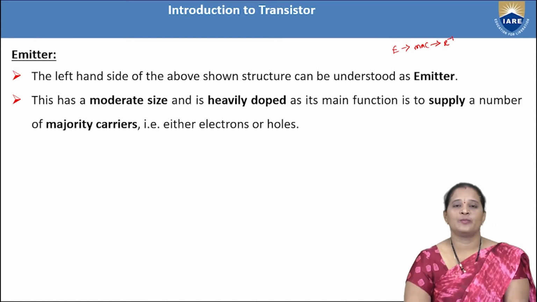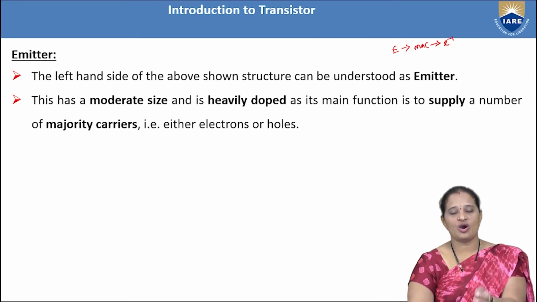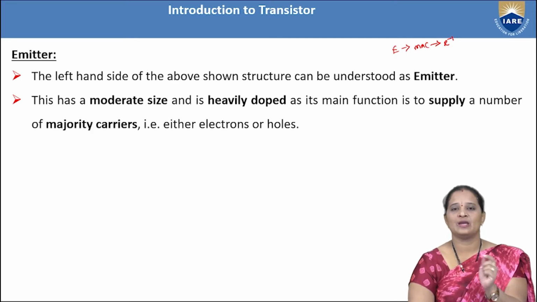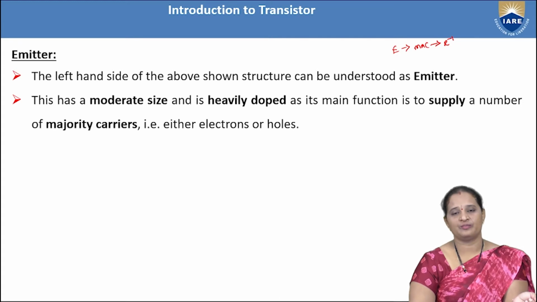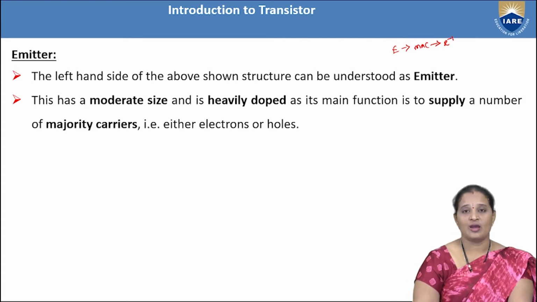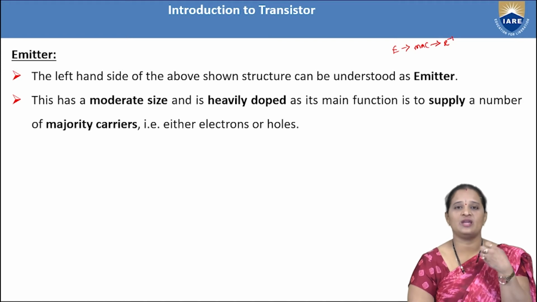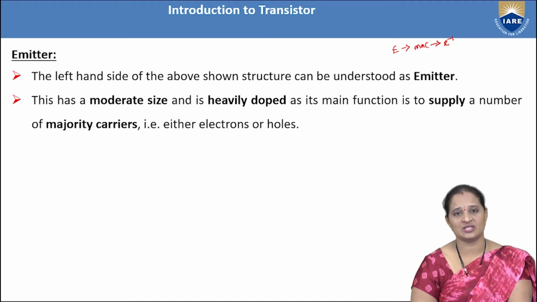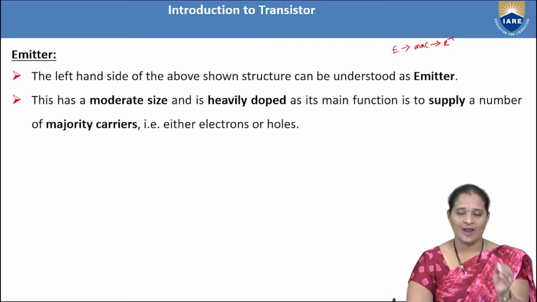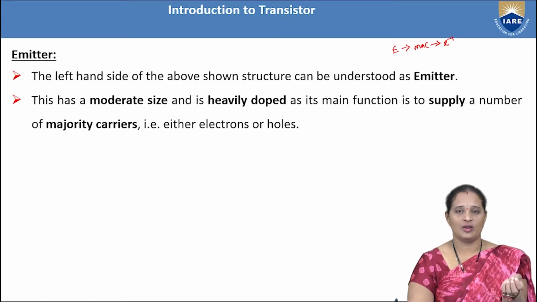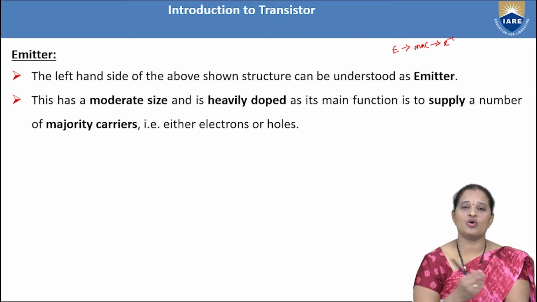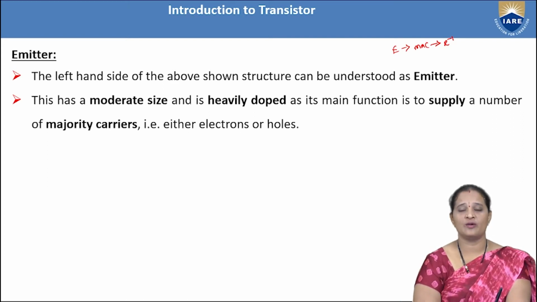So here the majority charge carriers are supplied by the emitter terminal, and it is heavily doped. As it is heavily doped, it can supply more. Heavily doped means we are adding more impurity atoms to the pure semiconductor so that more majority charge carriers are created.